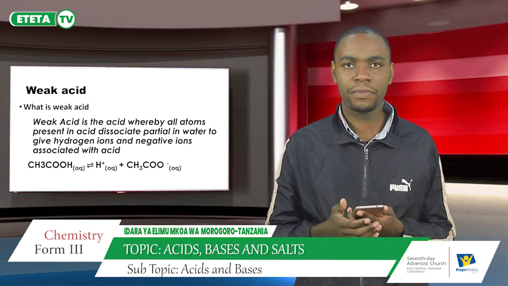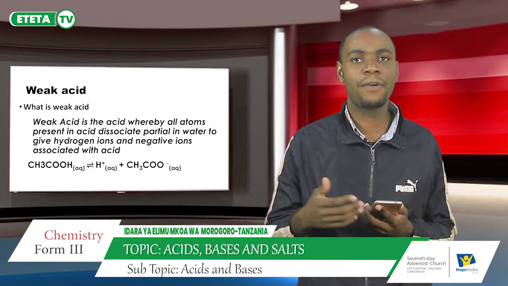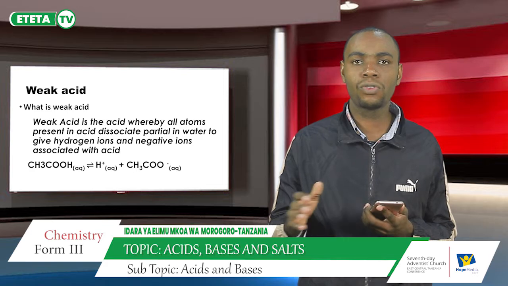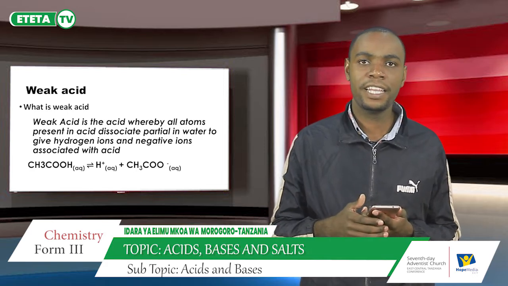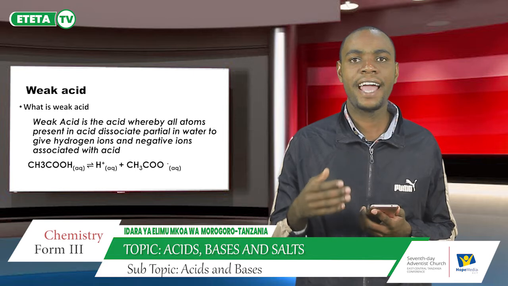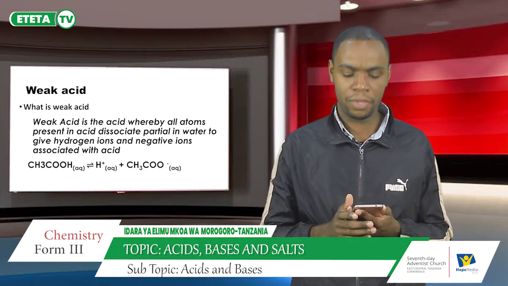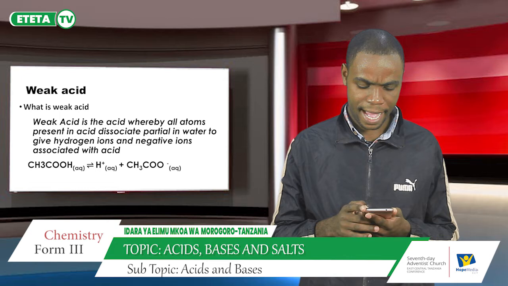For example, acetic acid is a weak acid. When dissolved in water, it dissociates partially into ethanoate ion and the hydrogen ion. This is one of the examples of weak acid.